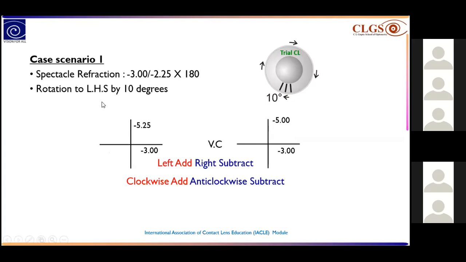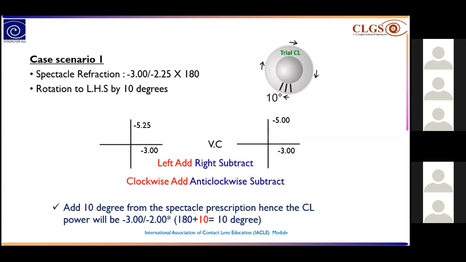In the lens rotation we have noticed that there is a 10-degree left-hand side rotation. So for the left-hand side, we have to add this 10 degrees to the spectacle prescription axis. Hence the contact lens power will be, we have to write this cross form into the power form.